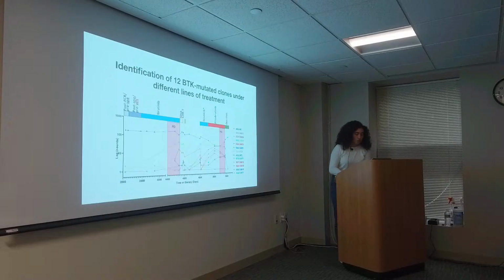But the other clones that I want to highlight here are all of the red ones. You can see here after this CAR T therapy, the patient had the rise of these red clones. These red clones all have different mutations, but those mutations are all in the same codon, and they all give rise to the same change. They all change a cysteine for a serine.